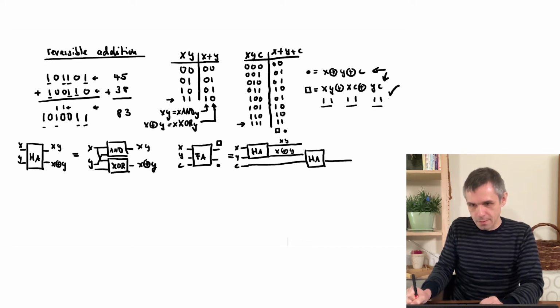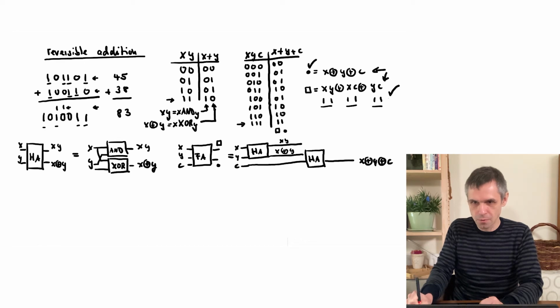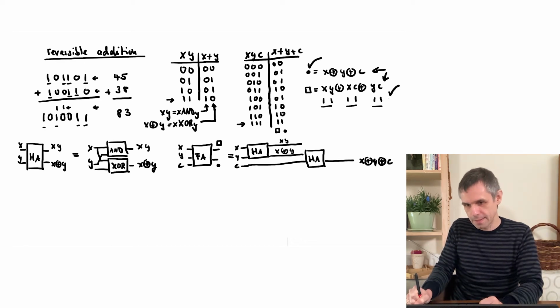Well, down here we then already have x plus y plus c all added modulo 2. So this is one of the 2 results that we want to have at this point. At this place here we now have x times c added to y times c. And this we can now feed into an OR gate.